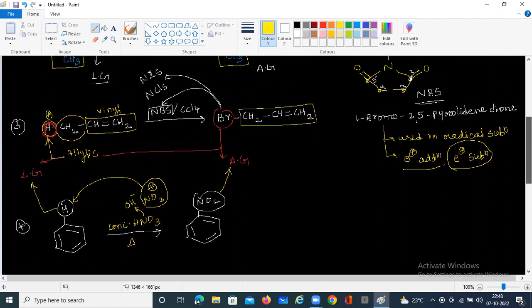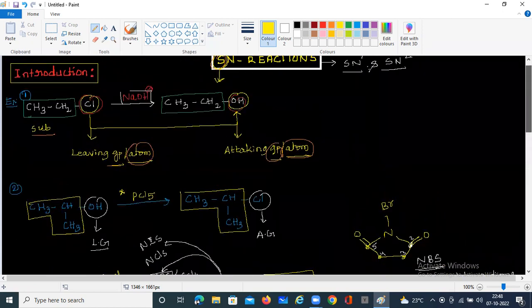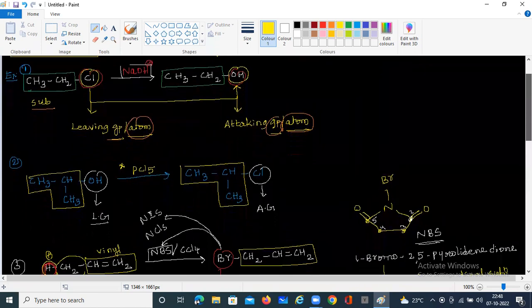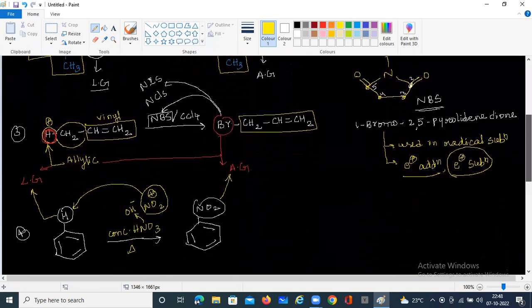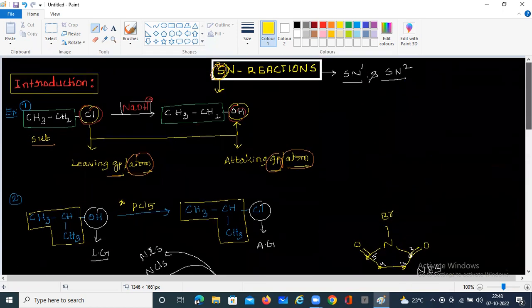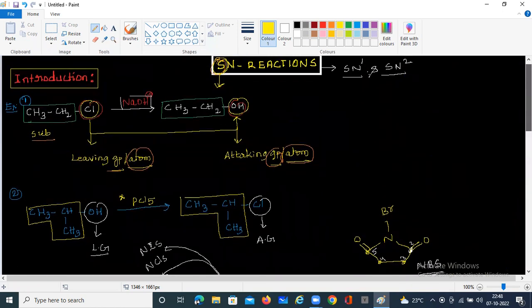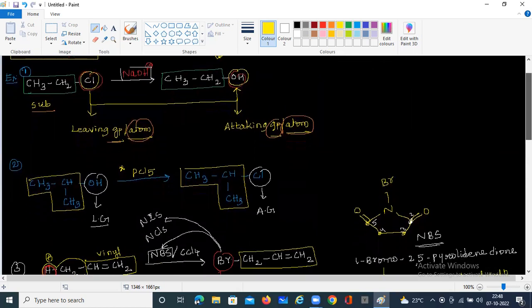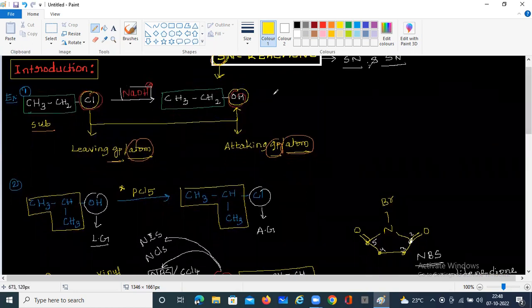So this is a little bit of introduction about the leaving group, the attacking group, and nucleophiles. Here I gave you four basic-level examples. If you want, you can take a screenshot, otherwise pause the video and note it down. I didn't write statements because that is a waste of time.